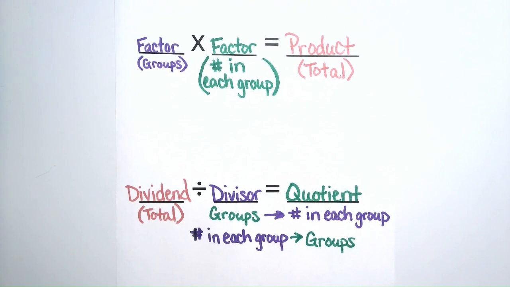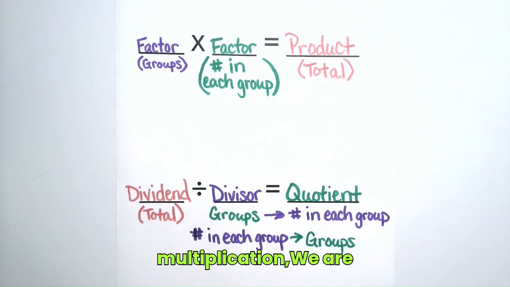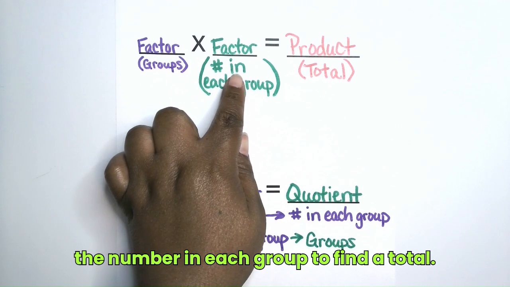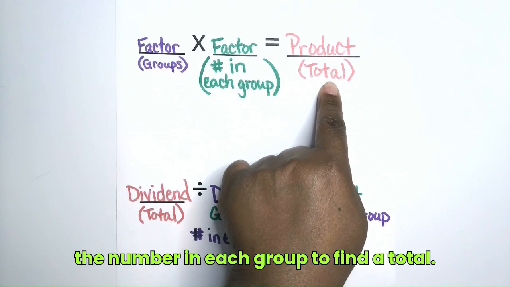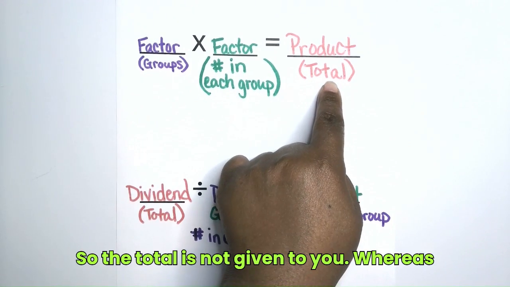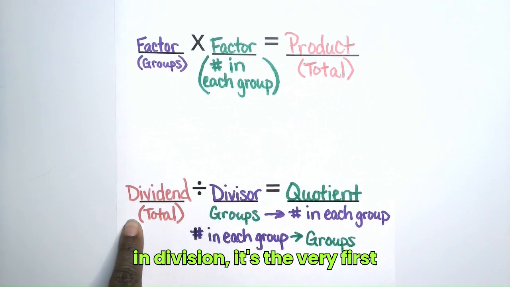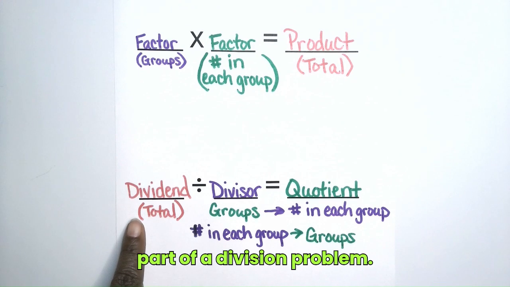Also notice that in multiplication, we are working these factors, these groups and the number in each group, to find a total. So the total is not given to you. Whereas in division, it's the very first part of a division problem.